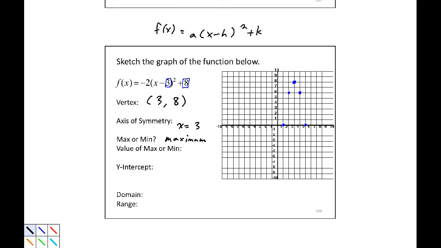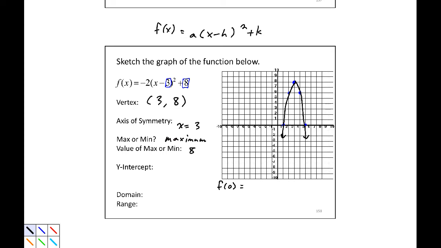And the value of the maximum is 8, because our highest point is at 8. Go ahead and connect these in a smooth curve. Now the y-intercept, I don't know that, so let's find f of 0.